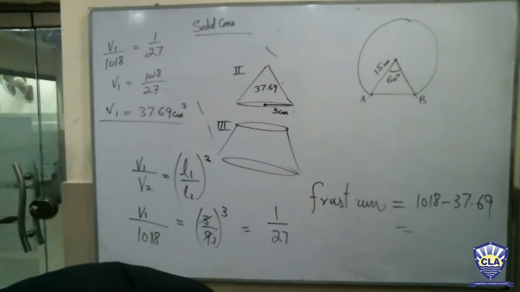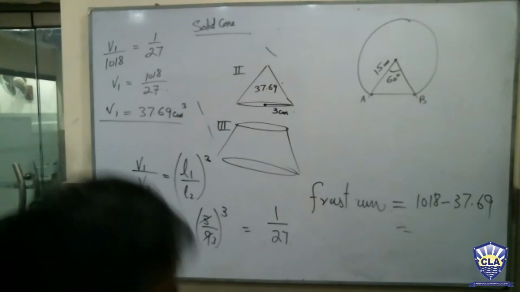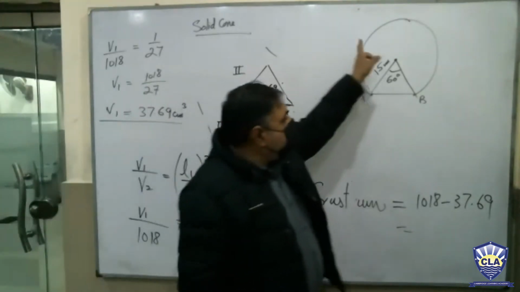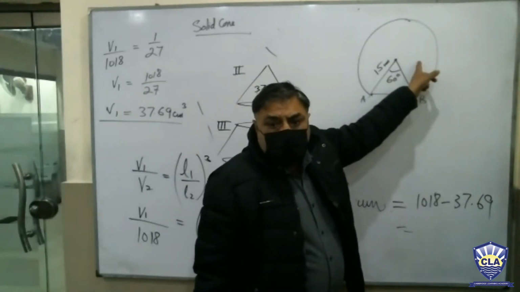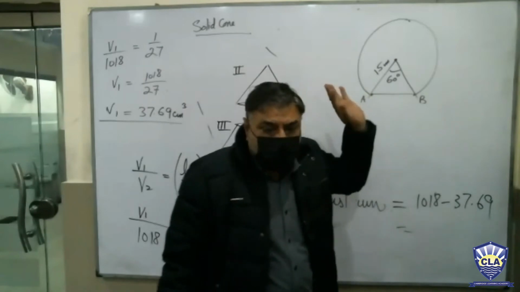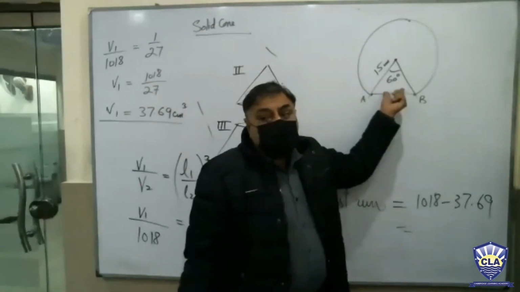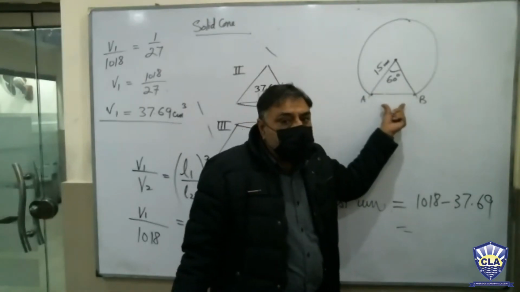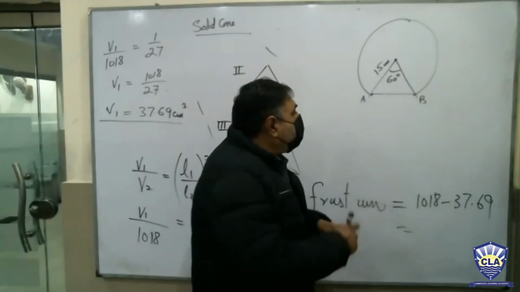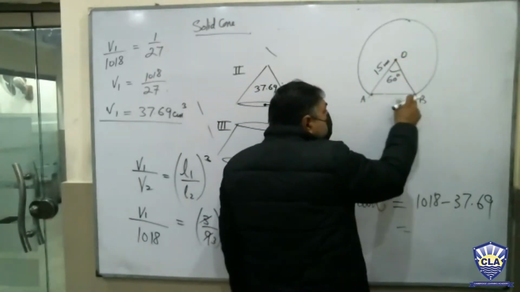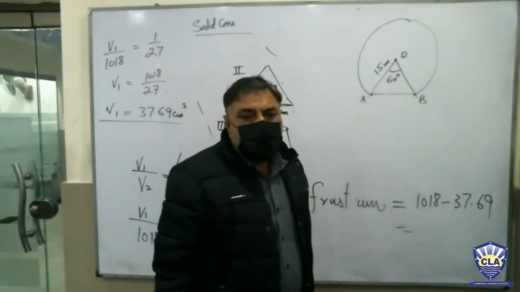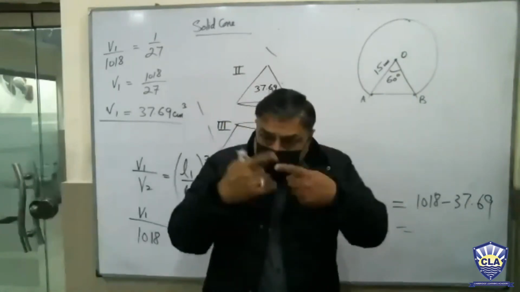The diagram shows a major sector of a circle with center O and radius 15 centimeter. It is the major sector, with angle 300. And it is not a sector, it is a triangle. O, A, B is a triangle. It consists of two diagrams.